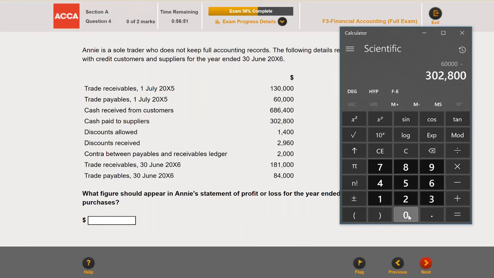Then discount received, allowed no effect, discount received minus, because it is a debit. Then contra always minus, debit payables, credit receivables, and then closing balance minus. The difference is 331,760.